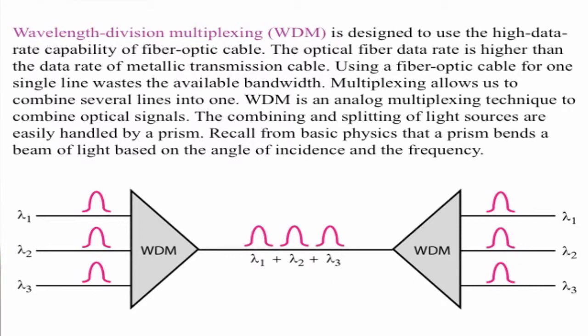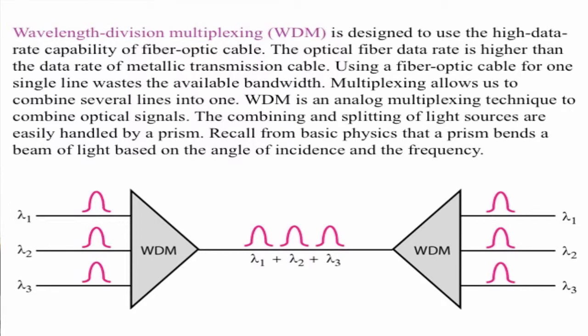Clear? Wavelength division multiplexing is a type of frequency division multiplexing, where frequency division multiplexing deals with electromagnetic waves, whereas wavelength division multiplexing deals with light sources or optical signals.